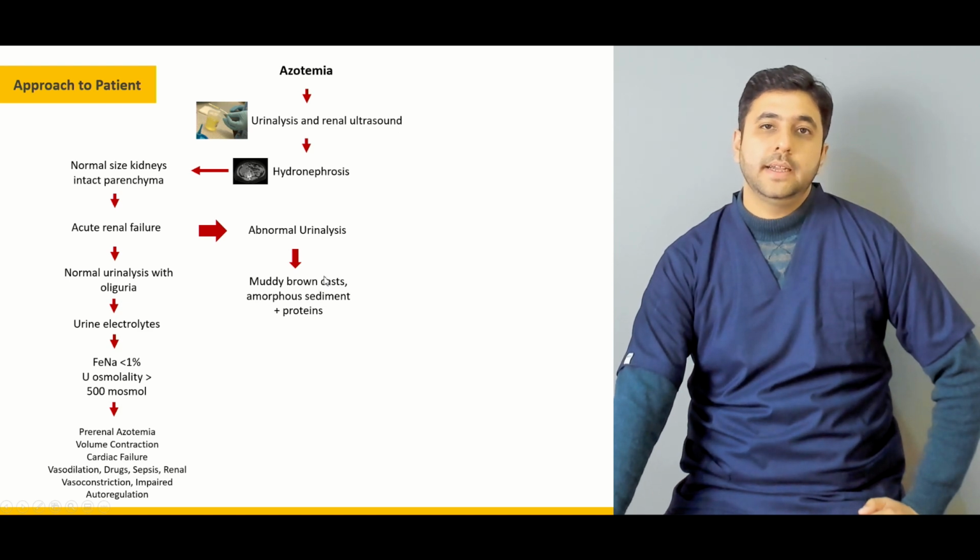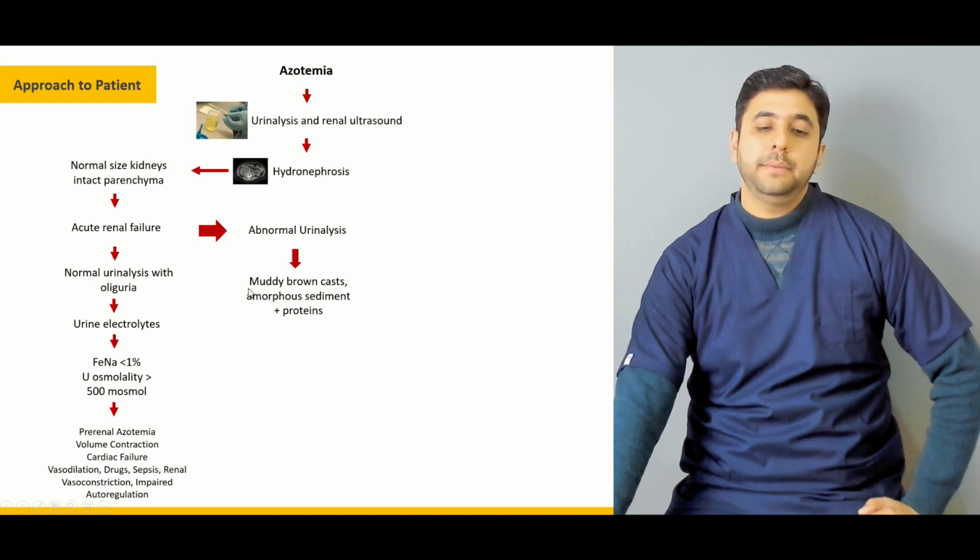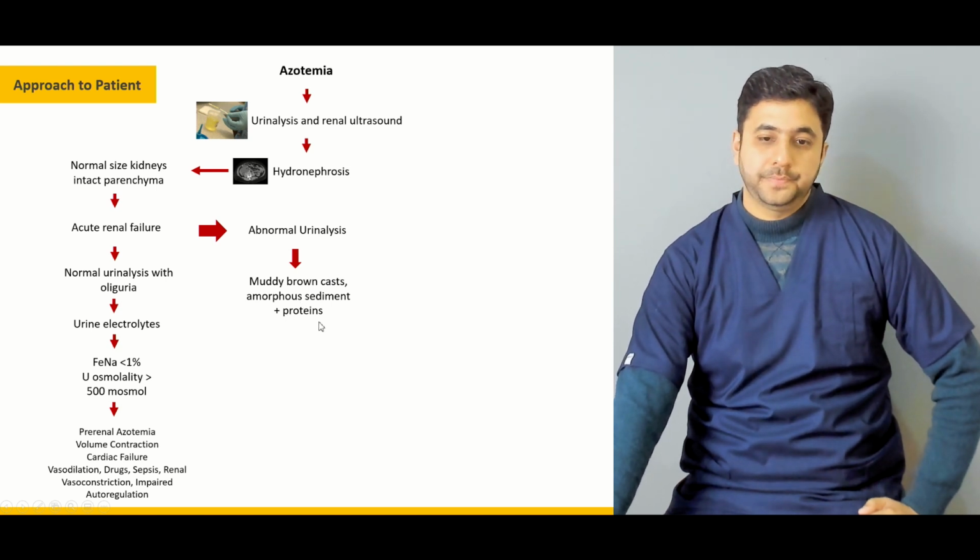These are basically the tubules falling off, one part of the tubule falling off into the tubular cavity, and then that is being flushed off in the urine in the form of muddy brown cast. So whenever you find muddy brown cast or renal epithelial cast or the renal tubular cell cast in the urine, then that signifies renal tubular damage, or in this context, acute tubular necrosis.